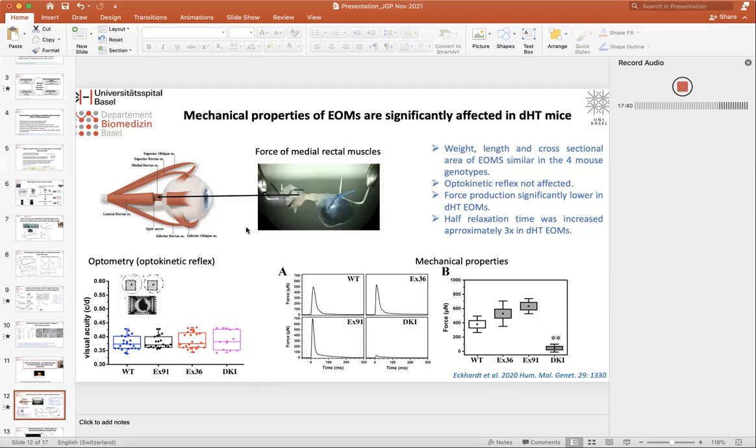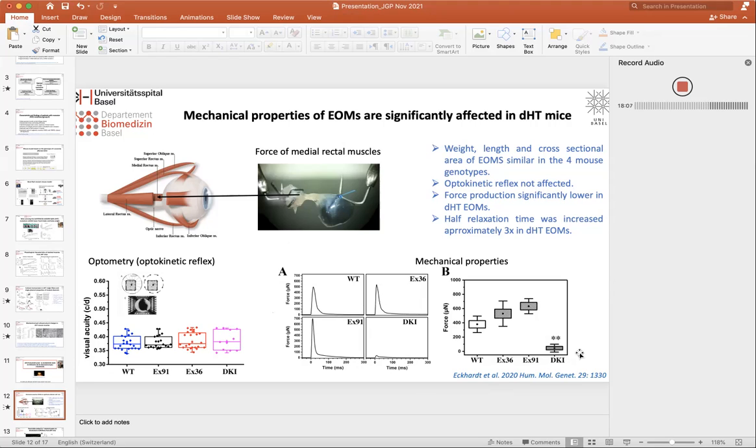So then Jan proceeded with measuring the force generated by these muscles during electrical stimulation. They're very difficult experiments because the muscles, as you can see here, are very tiny. You could see that the EDL, wild type, exon 36 and exon 91 extraocular muscles all behave approximately the same way, but the double knock-in muscles fail to develop almost any force.